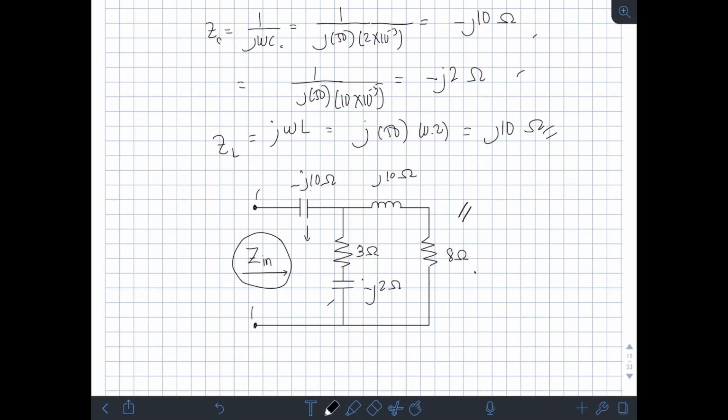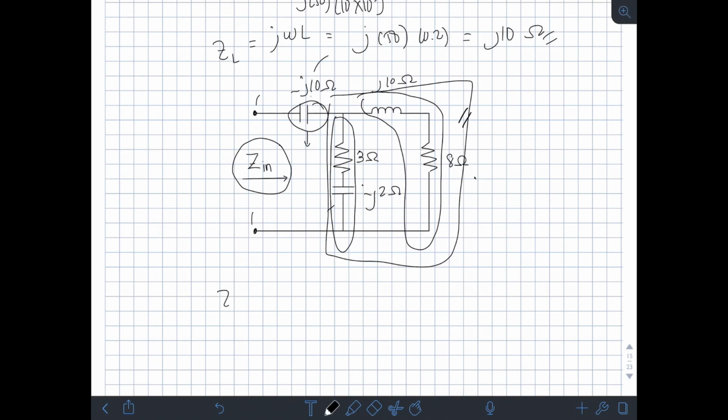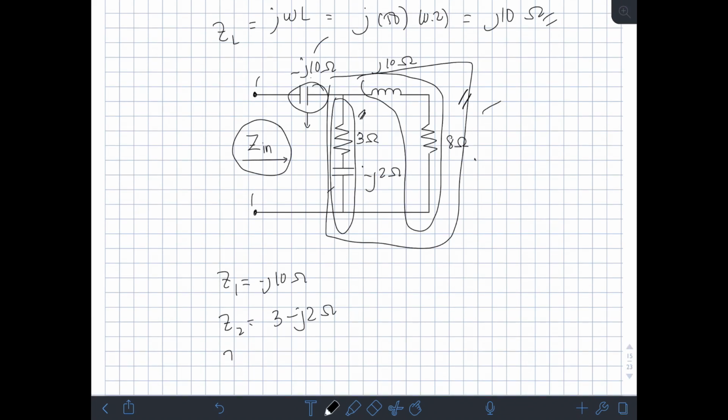So, you will notice that it is not just a single series combination or parallel combination. We have this branch with one impedance, and this other branch with another impedance, in parallel. To get the total impedance, we can get the total impedance of this parallel branch, then add it to the series negative j10 ohms, right? So let's say this Z1 is negative j10 ohms, and this branch is Z2. When we add them, the impedance is 3 minus j2 ohms, right? Then this other branch, let's say Z3, has a total impedance of 8 plus j10 ohms.